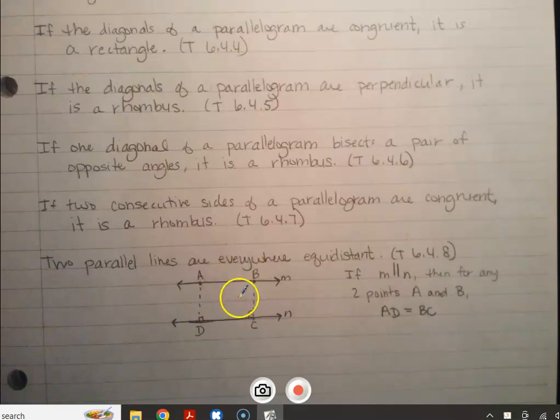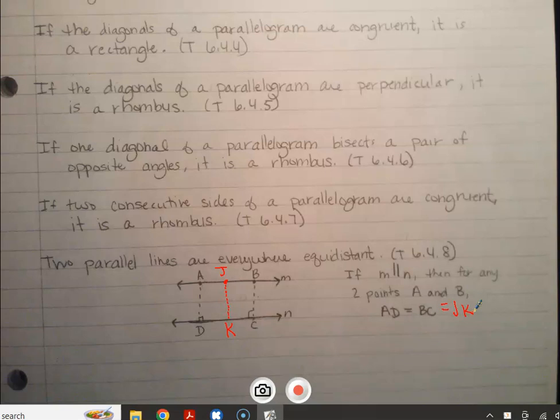If we put another point in here, let's say this was J, and we drew a line from J down here to K, that line is going to be equal to AD and BC. So that's also going to be equal to the measure of JK. If we put points on there anywhere, they're equidistant. Doesn't matter where.